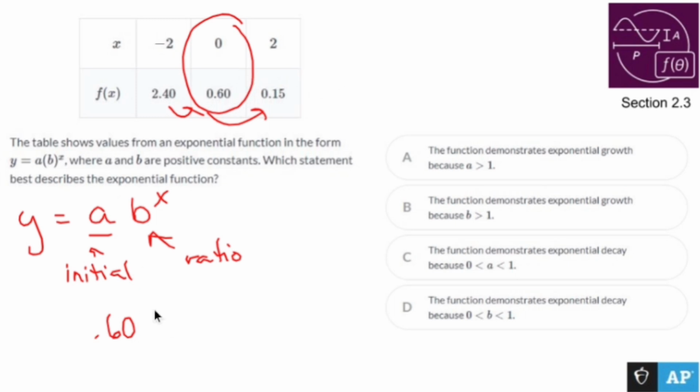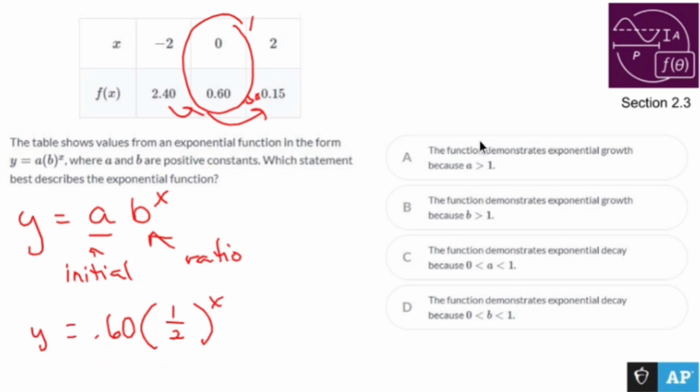So B is going to be some type of decay where we divide by 4 every 2, which means I could legitimately say that I divide by 2 each time. If I force a 1 in there and put a 0.30, that would work. So you're a half. That's the equation I came up with.